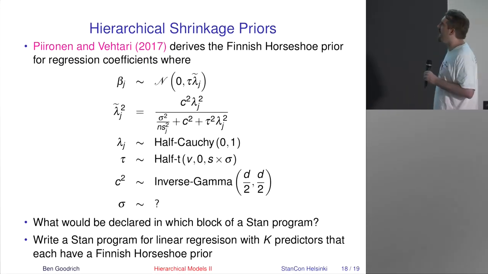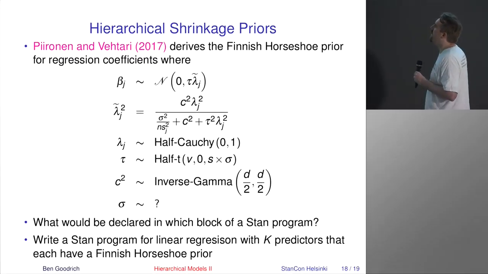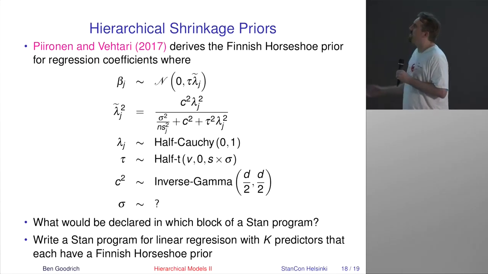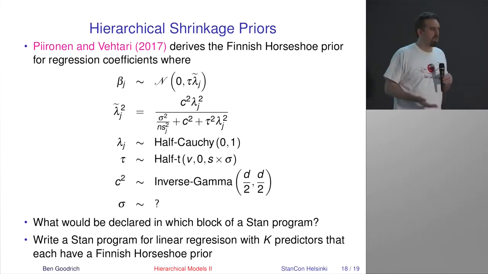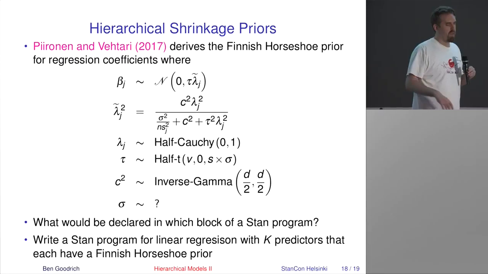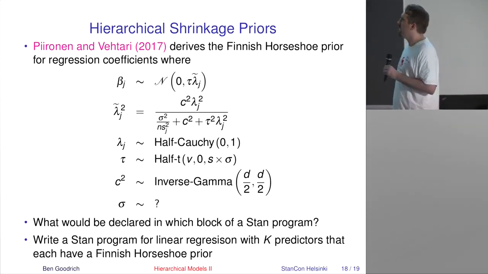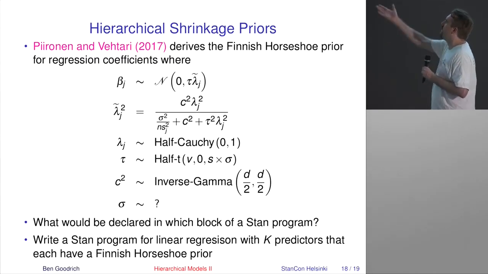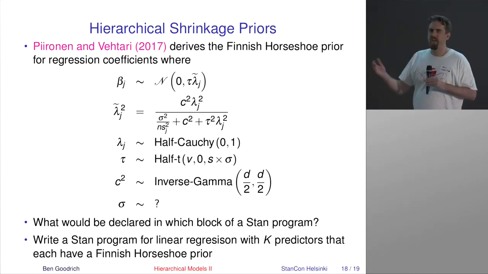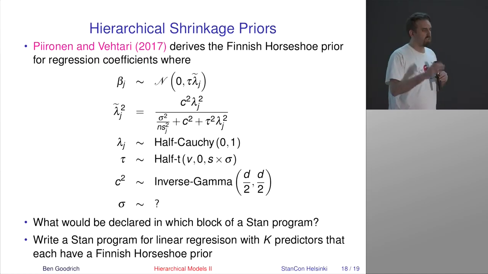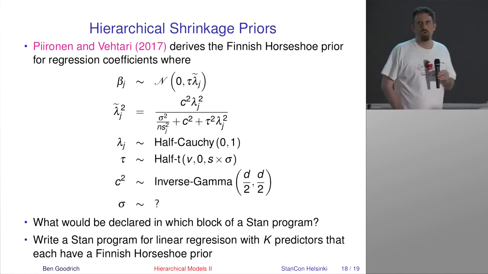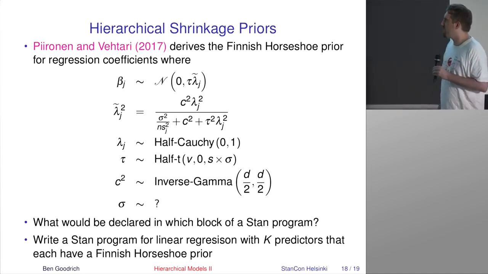And once you've figured that out, or try to figure that out, you might write a Stan program that has k predictors, not necessarily like lme4 style stuff, although you could build that in too, and try to do it for a linear regression model that has k predictors, each of those having this finnish horseshoe prior for its coefficients.